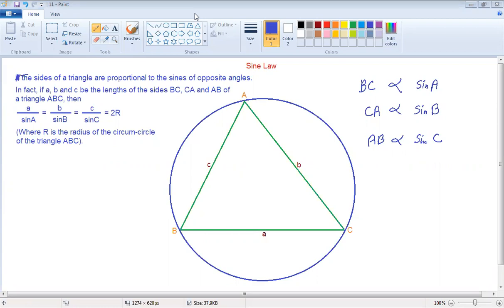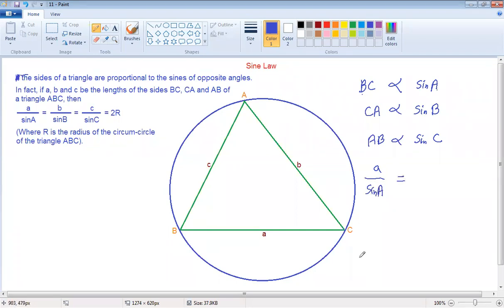The ratio of proportional quantities is constant. That means suppose BC has the length a, named as small a because this side is opposite the angle capital A. So small a is the length of side BC, and BC is proportional to sine of A. So a divided by sine A is constant.